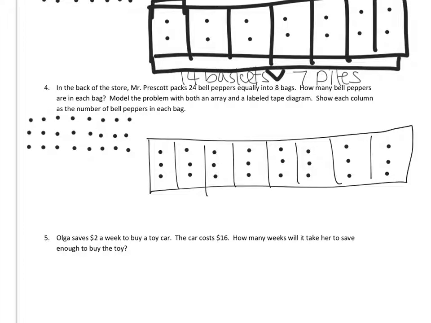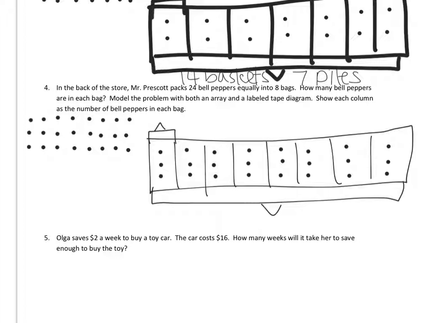And last, it's time for my labeling. So I'm going to label my top and my total at the bottom. Remember, each piece has 2 different meanings. So my meaning for each section, I know that it is 3.